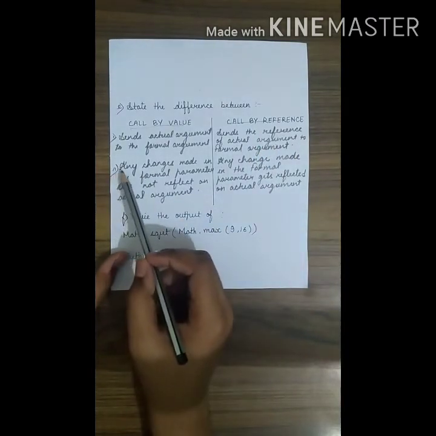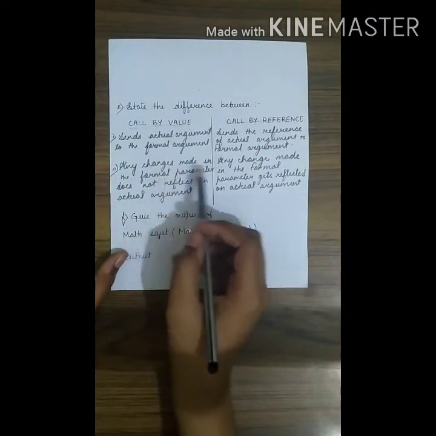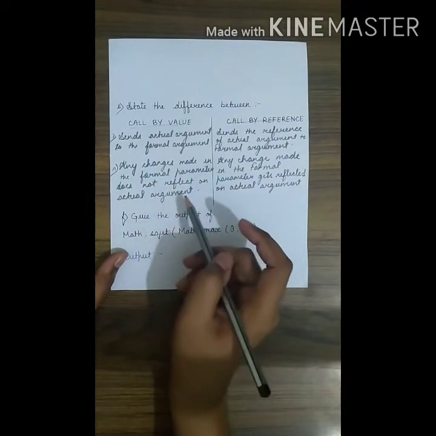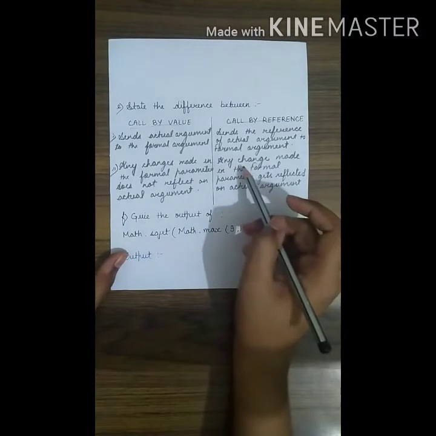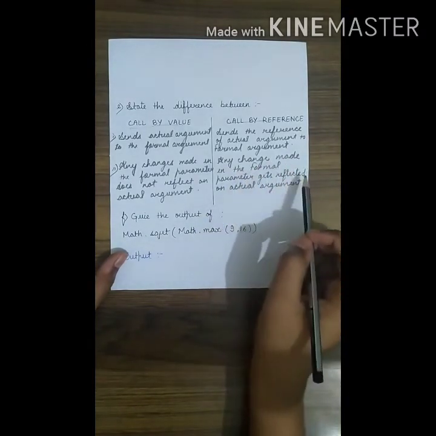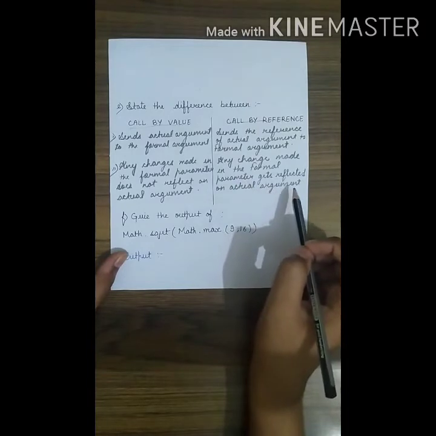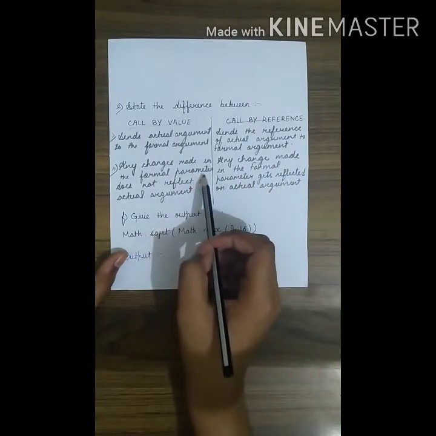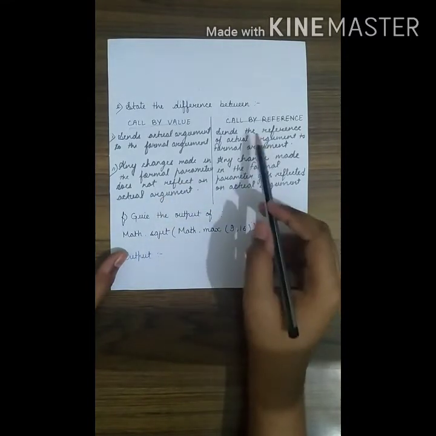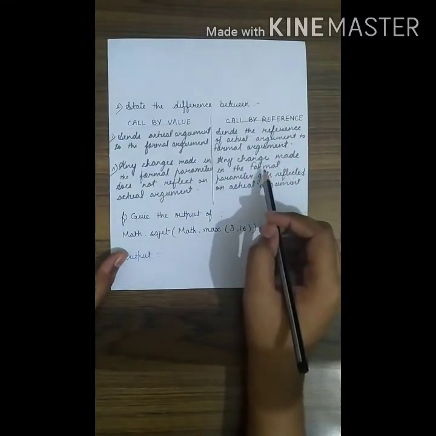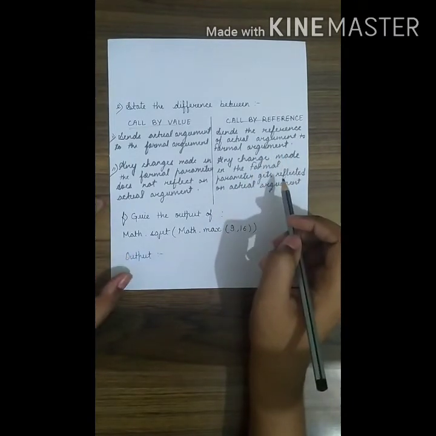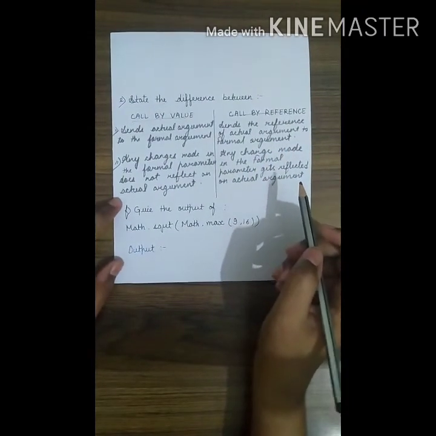The second difference is any change made in the formal parameter does not reflect on the actual argument in call by value, and any change made in the formal parameter gets reflected on the actual argument in call by reference.